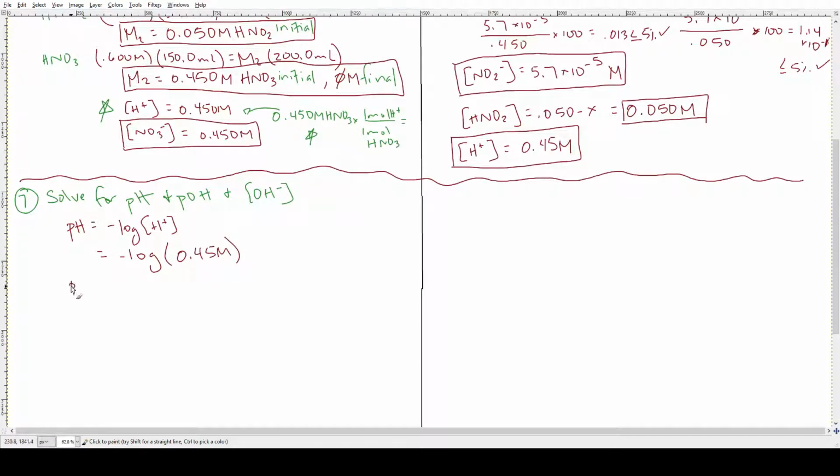So my pH, I want 2 sig figs, so that means it's going to be 13.65. Remember, it's only the decimal points that count for the sig figs when something goes through a log. And now for my pOH, well, I know that pH plus pOH is equal to 14. By the way, this part of the process you should be able to do without me.